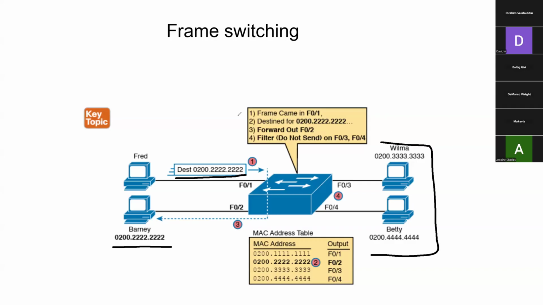Because the switch is already looking at its MAC address table and it knows where Barney is located, it's going to filter it, meaning it's not going to send it out to Wilma and Betty because the switch knows that it does not belong to Wilma or Betty, right? Does that make sense? Yes, it does.